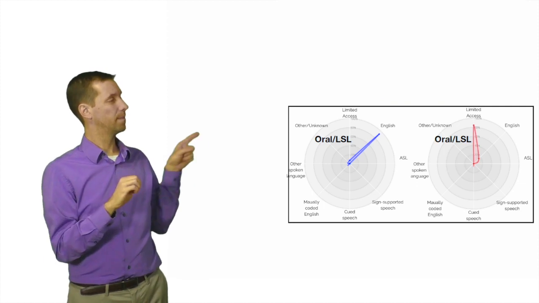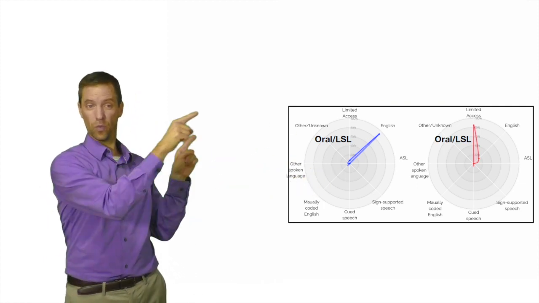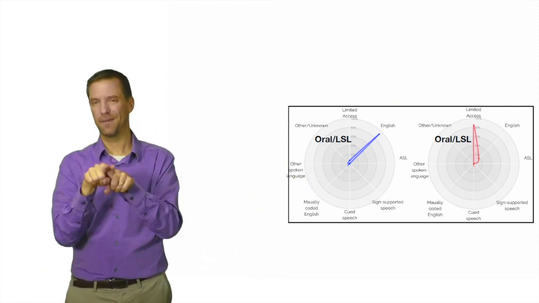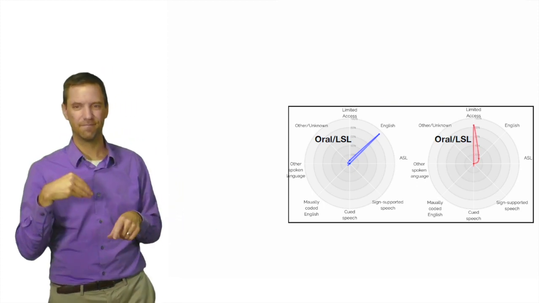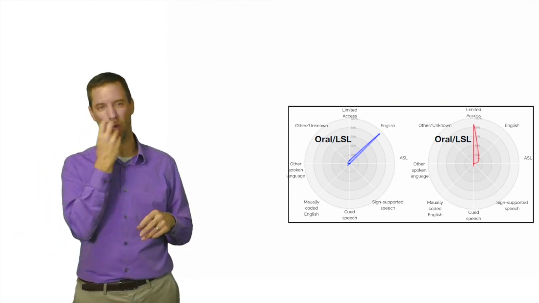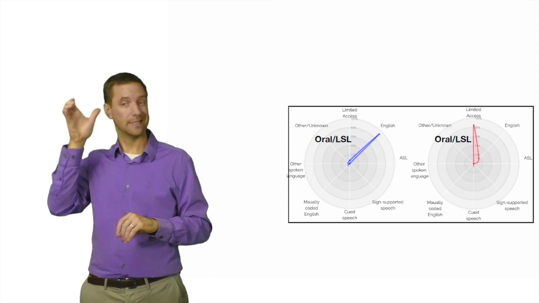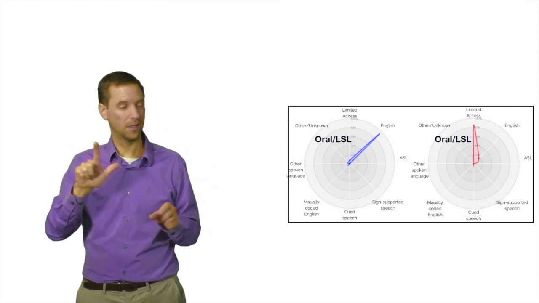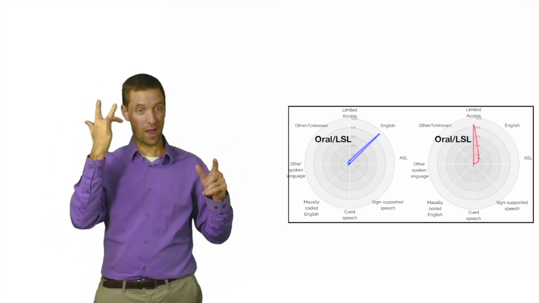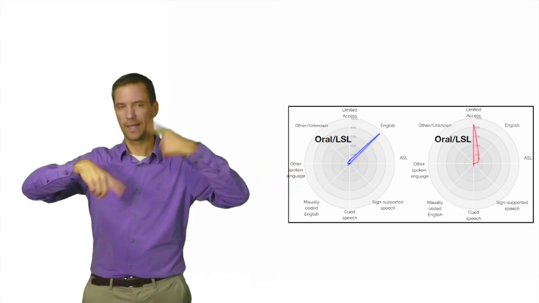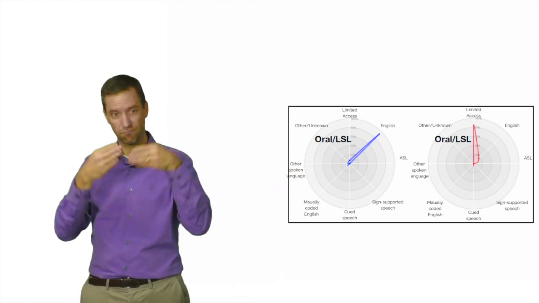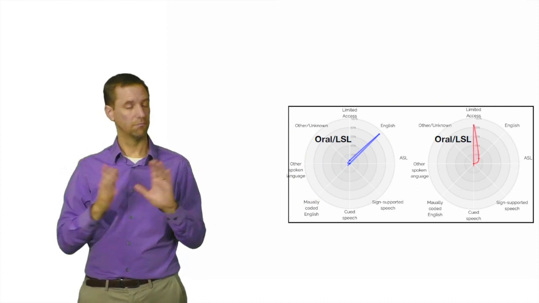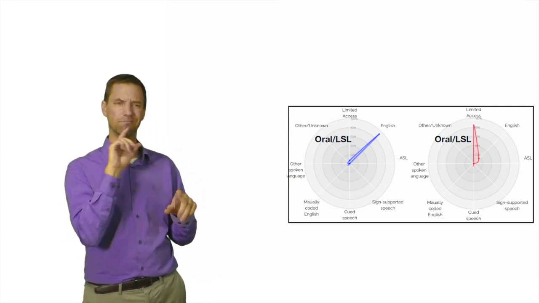If we were to use communication mode, then these two children would also be considered to have the same experience. Both of these children would be considered oral or following a listening and spoken language LSL approach. Because for both of them, there is no kind of signing. All of the family is focusing exclusively on listening and spoken language.